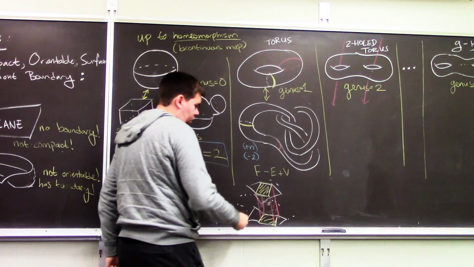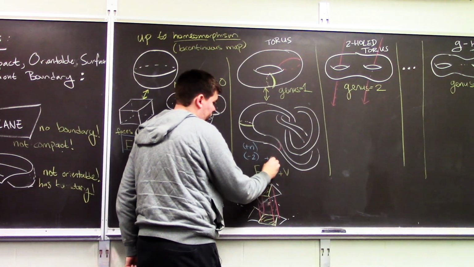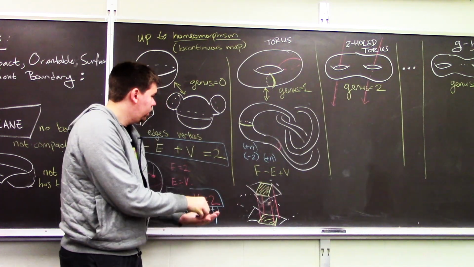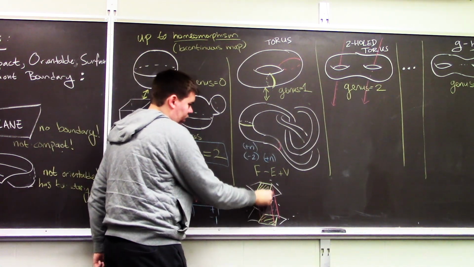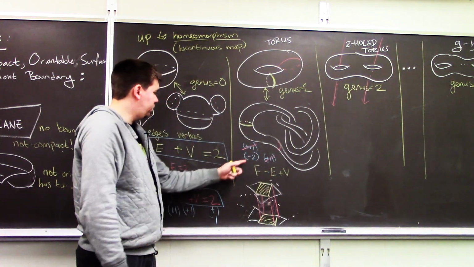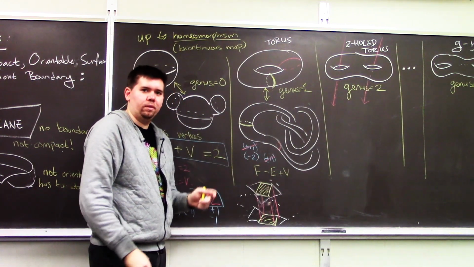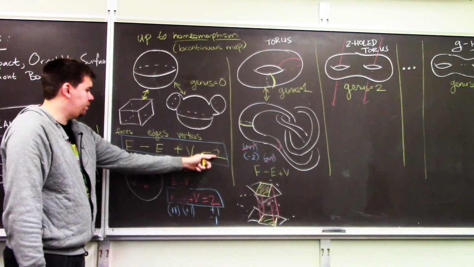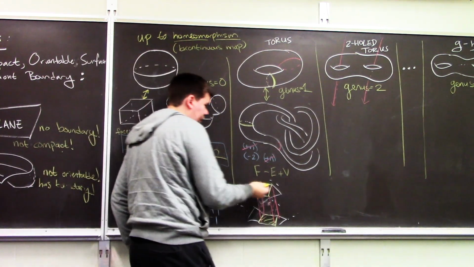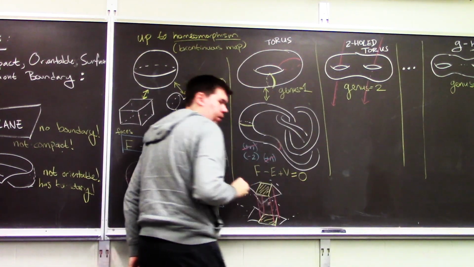So it also came at the cost of adding n edges. So what is that going to do to this count overall? Well, the plus n faces and the plus n edges will cancel out because of this minus. And you end up just decreasing this count by 2. So instead of it adding up to 2, the new overall count will be 2 minus that 2, so it's going to be 0.